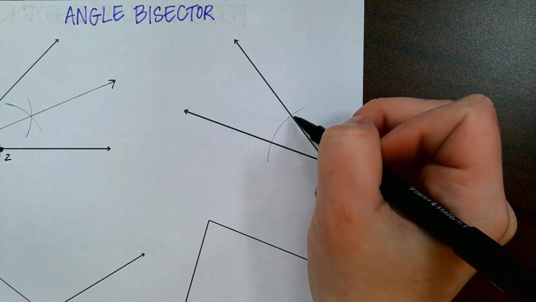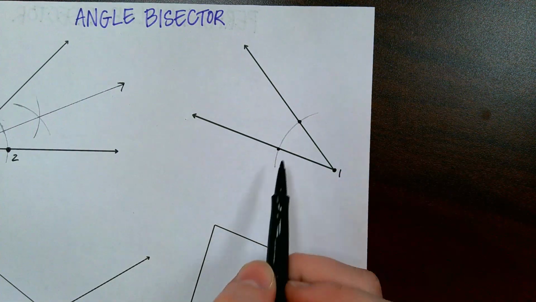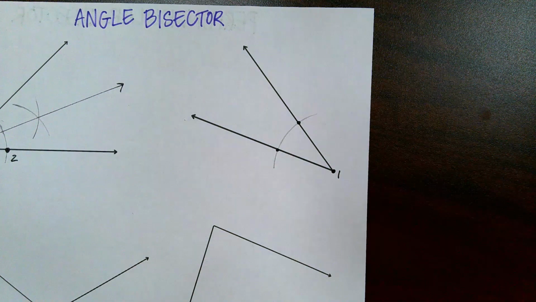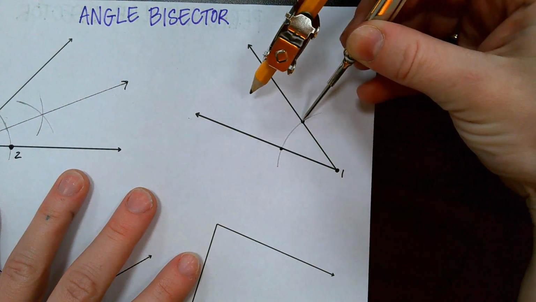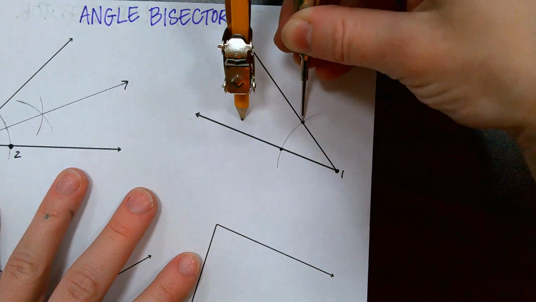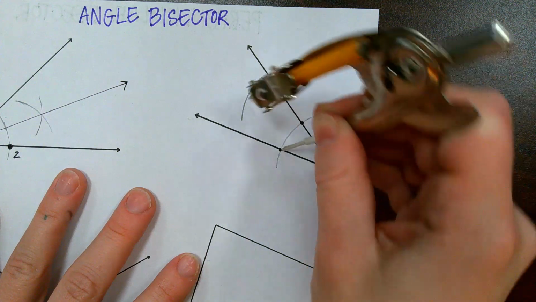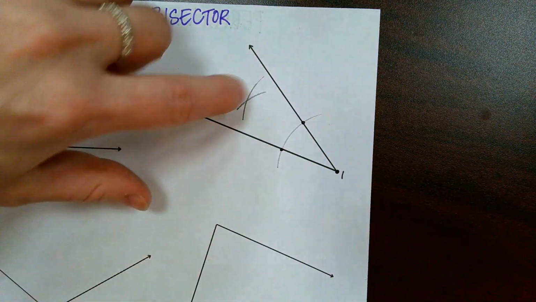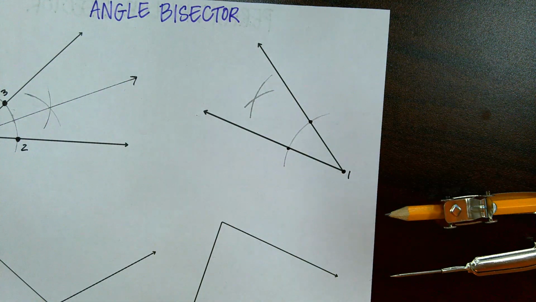And can you guys see already where our next points are? Right there. We're going to make sure that we line up the point with these 2 intersections that were just created. So now I'm going to put it here and make an arc in the middle. And same with this side, arc in the middle. And this new intersection is the point we connect.